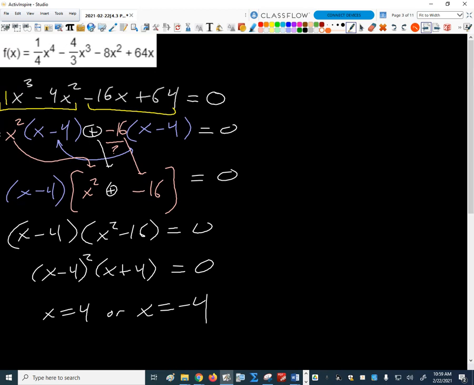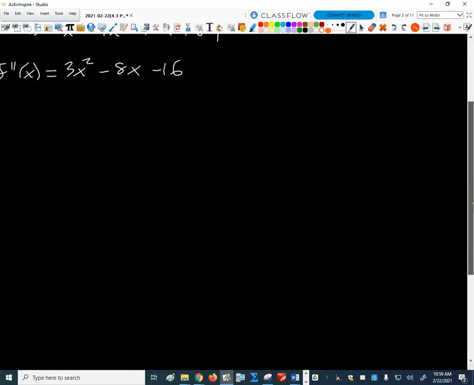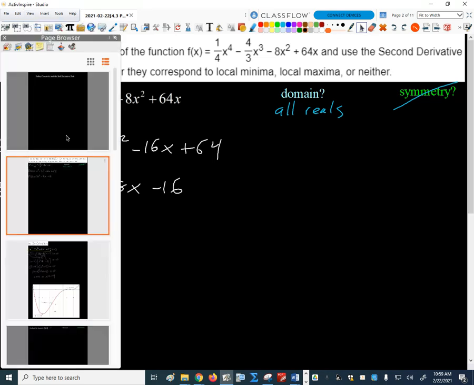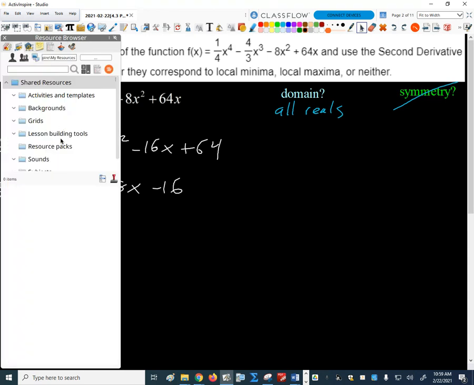Okay, so we'll go back to this other page, and we can start to, I thought I had a table going here. Did I not? I guess not. Okay, so we'll go ahead and start to build a table from this. Where's that stuff?